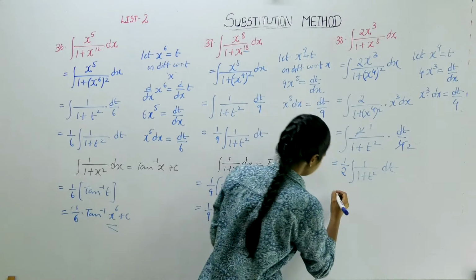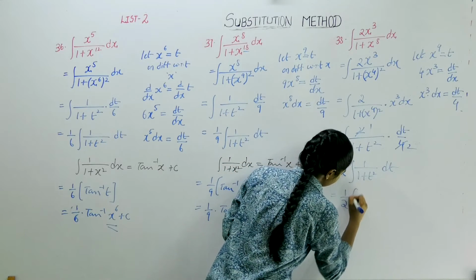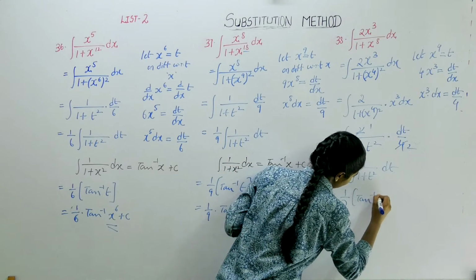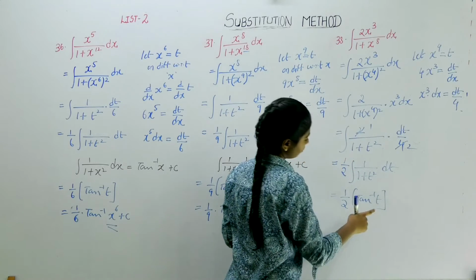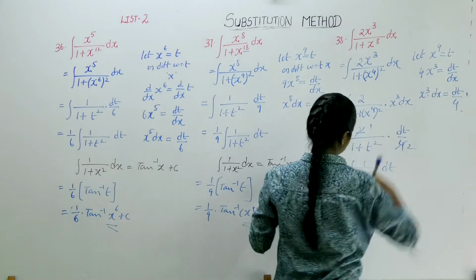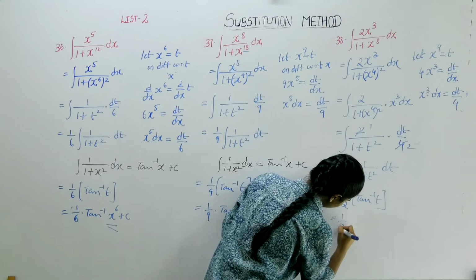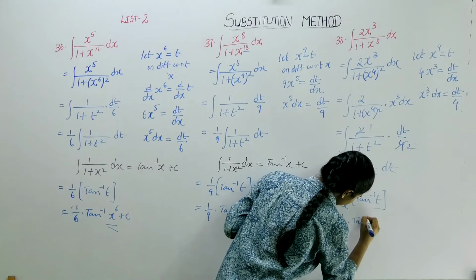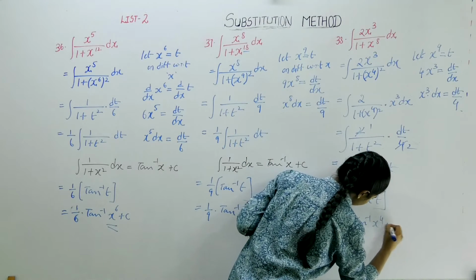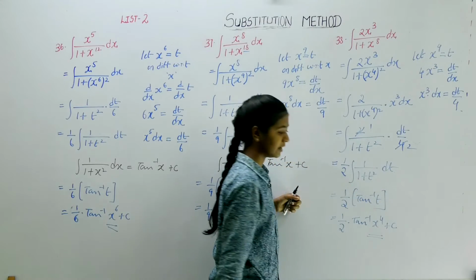We know the formula, 1 by 2 into tan inverse of t. What is the value of t? x power 4. 1 by 2 into tan inverse of x power 4 plus c. This is the final answer.